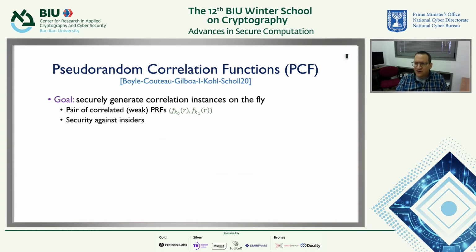Let me conclude by talking about a natural extension of a PCG called the pseudorandom correlation function, or PCF. And this is really what you expect when you consider the analogy with standard pseudorandomness.